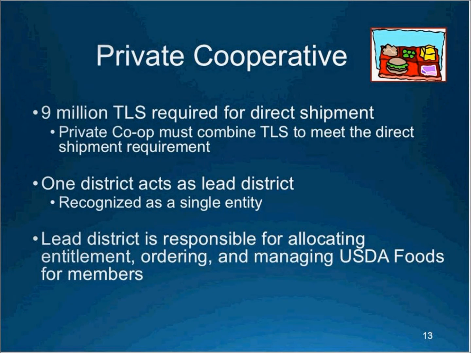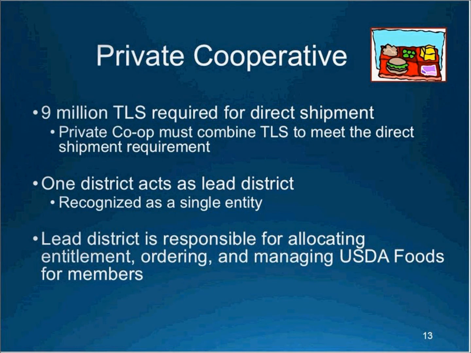The third option food distribution program participants have is joining a private cooperative. A private cooperative is a group of school districts that combine to form a co-op. The private co-op selects a lead district to be responsible for ordering, managing, and accounting for the entire co-op's USDA foods.